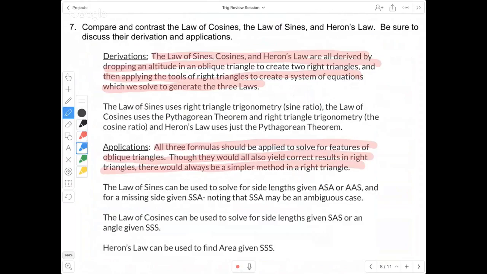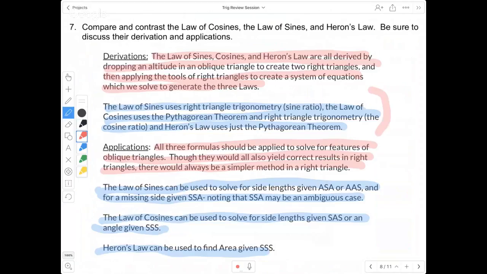The blue is contrast. Certainly there could be more detail. This isn't the end-all and be-all comparison.